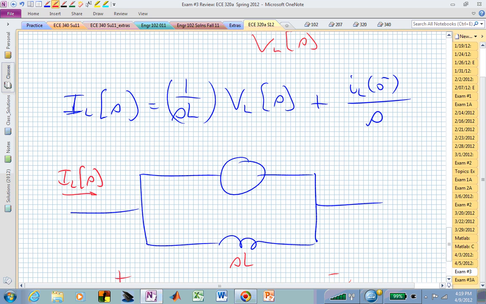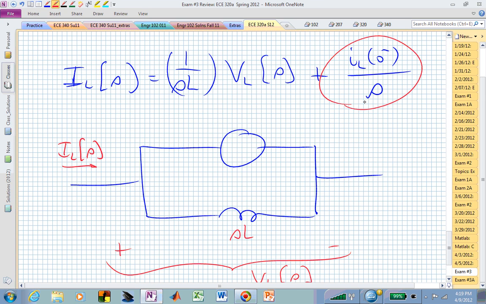And now this initial condition says I also have a current due to the initial condition, so a part of my total inductor current is not only due to the impedance SL term, but also the initial condition term. And that's how I like to insert my inductor in the S domain if I wanted to perform KCL type equations or write node equations. I would replace that inductor with this kind of a structure. Does that answer your question?